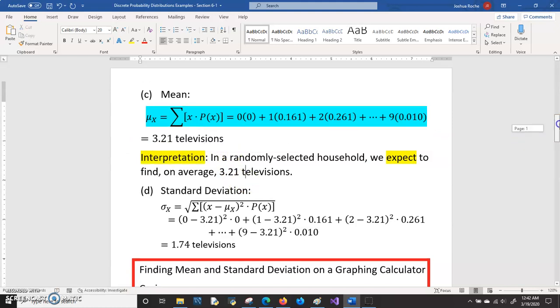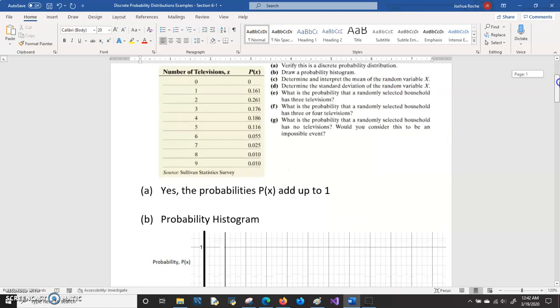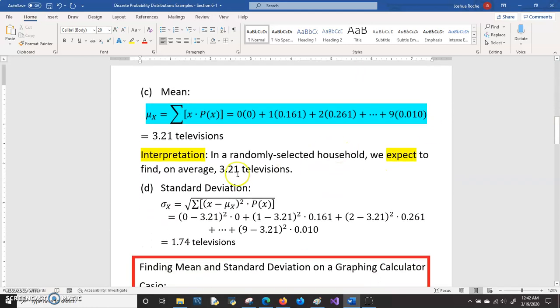In part D, they want us to find the standard deviation of x, so the standard deviation for the number of televisions. And standard deviation also has a particular formula.